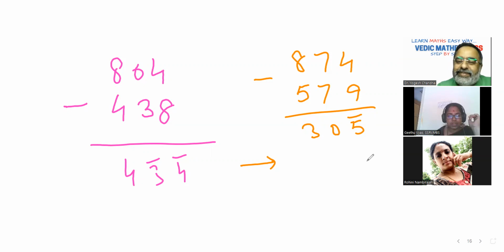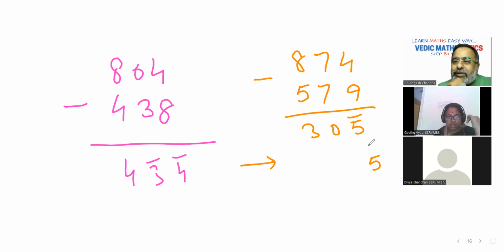Else, if it is not having a bar, we will keep it the same. And if the immediate left is positive, we should subtract 1. That means I get 1 bar. Then again, go to rule 1 again.